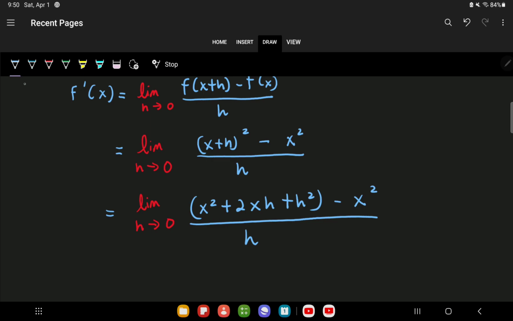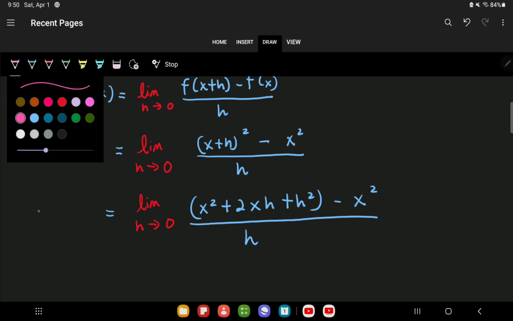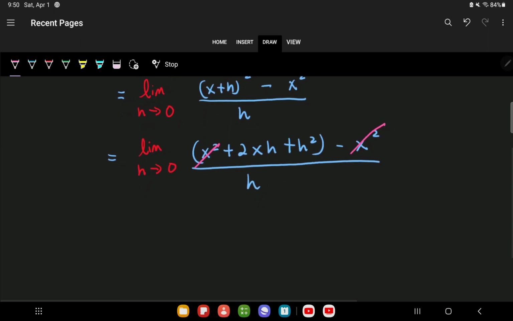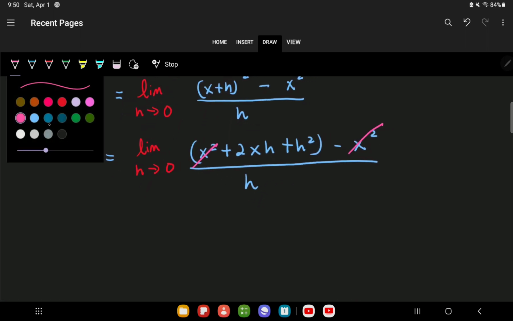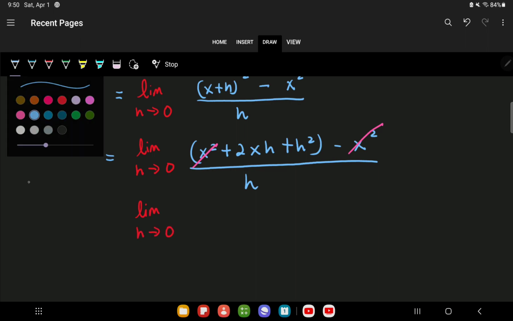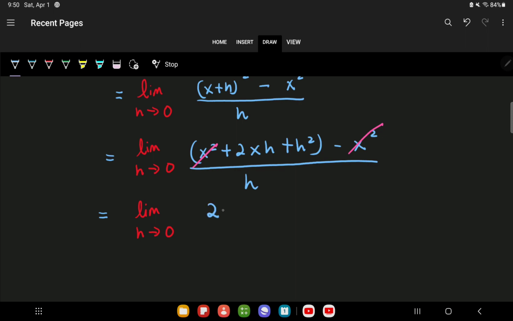Aha! What do we notice? We notice that the x squareds go away. And so we are left with the limit as h approaches 0 of 2xh plus h squared over h.